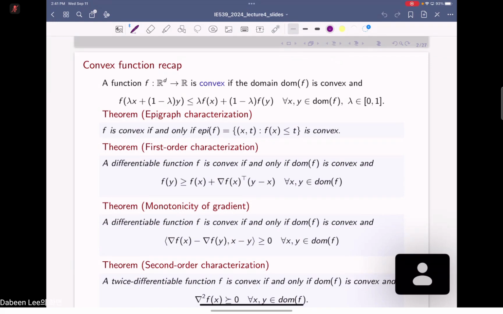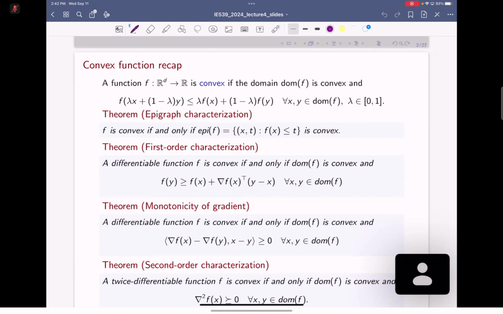The second one is called the monotonicity of gradient mapping. You look at the change of your vector from y to x, and you also look at the change in the gradient, and they move in the same direction, in the sense that if you take their inner product, you get a non-negative value.